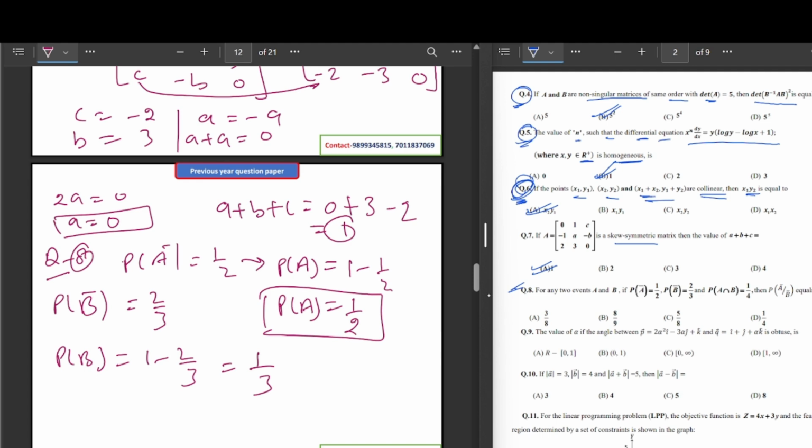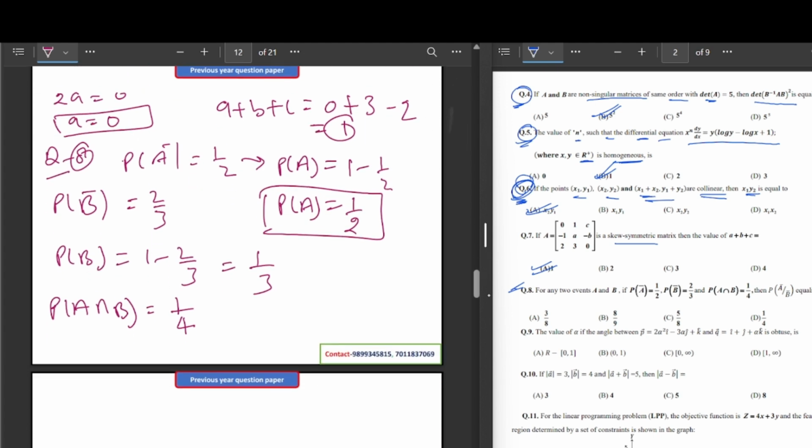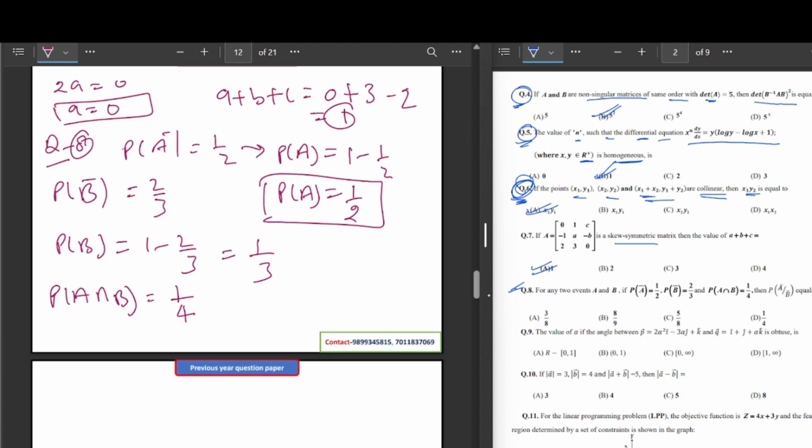And P of A intersection B is equal to 1 by 4, and we have to find this one. For this, we all know the formula.